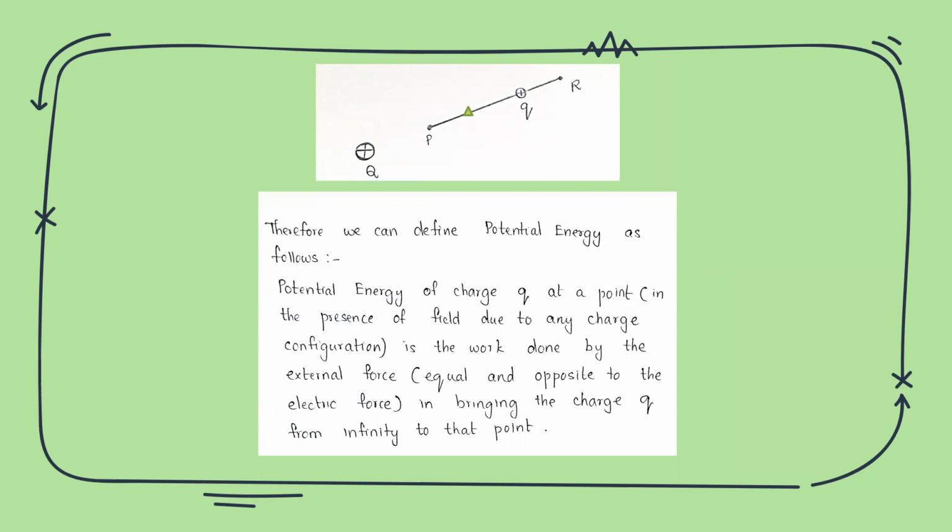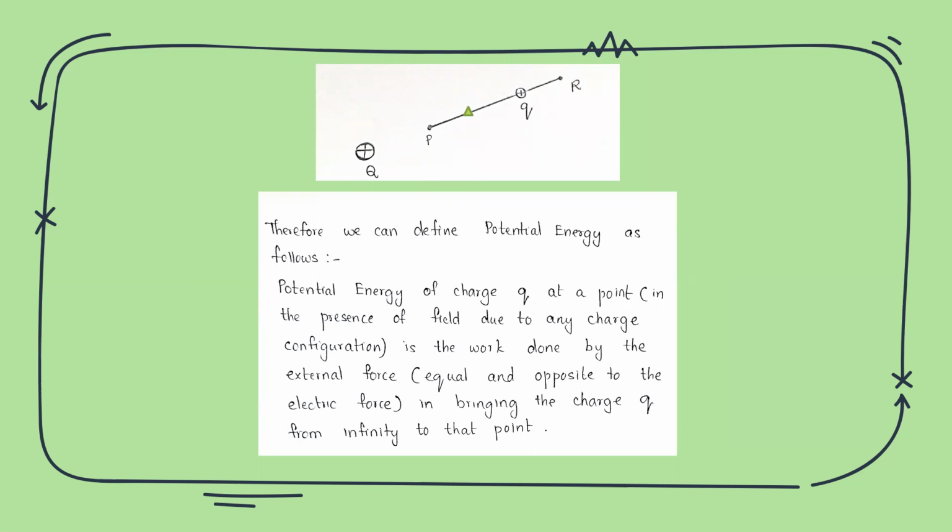Now we come to the definition of potential energy. Potential energy of charge Q at a point in the presence of a field due to any charge configuration is the work done by the external force, that is equal and opposite to the electric force, in bringing the charge Q from infinity to that point.